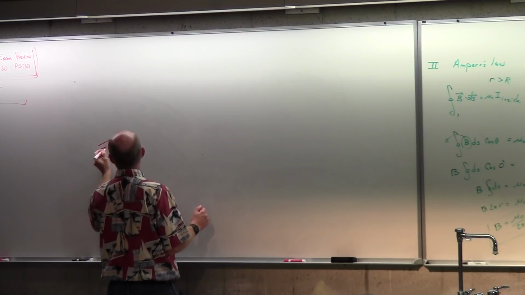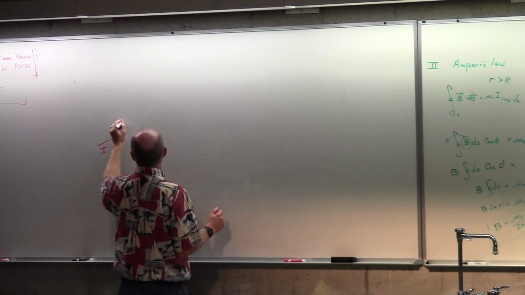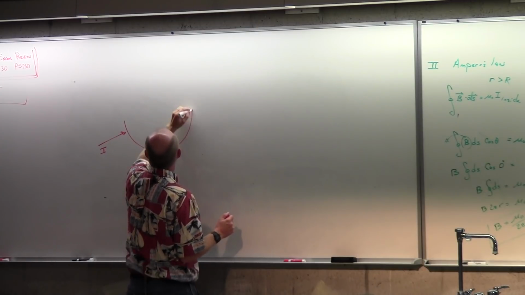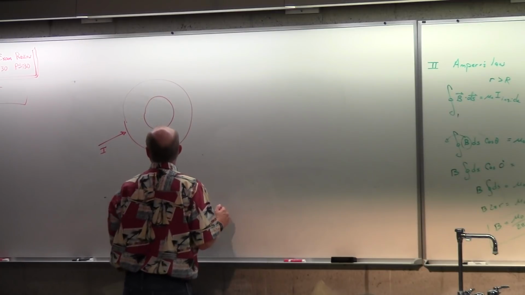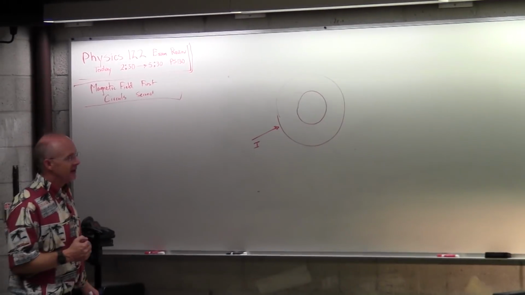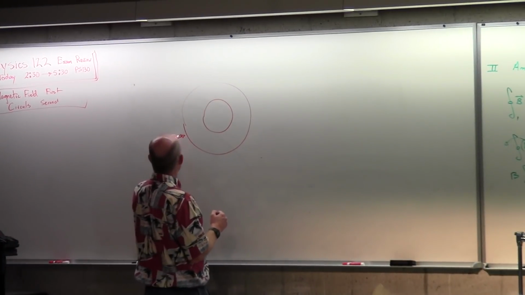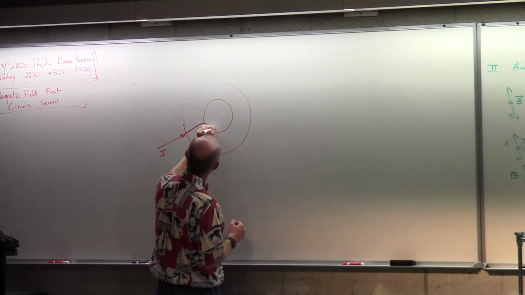So here's I. He then wraps it around this, can I say donut shaped? All right, well, maybe I should say toroid. Sounds more sophisticated.